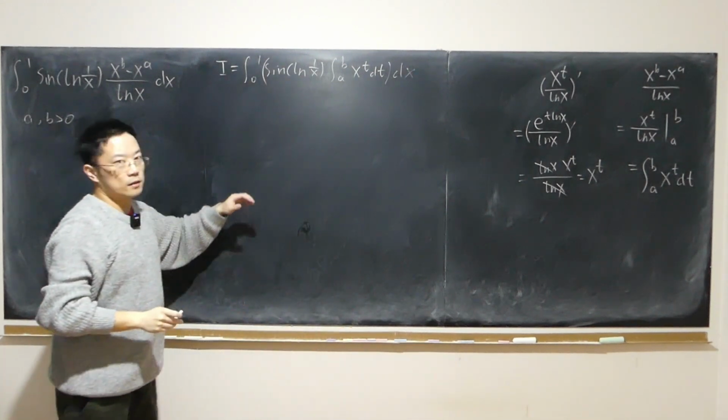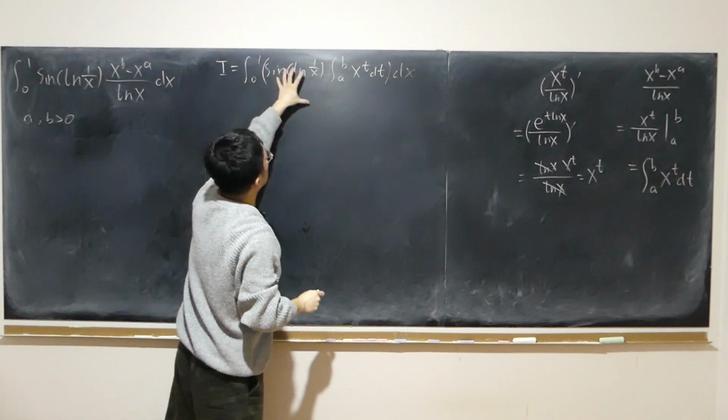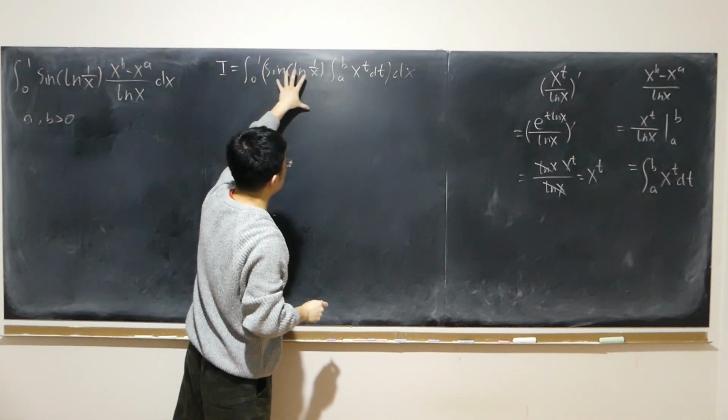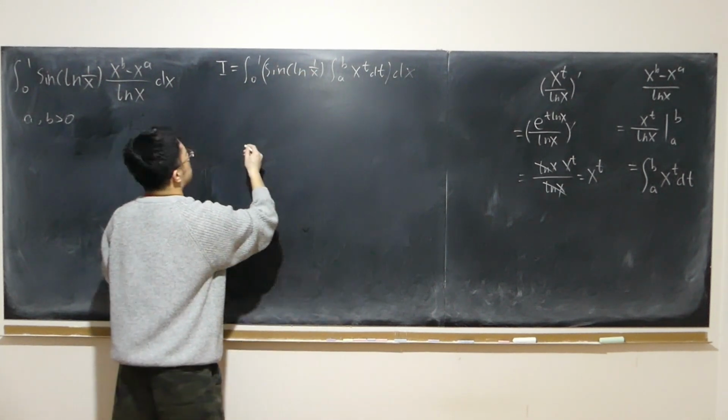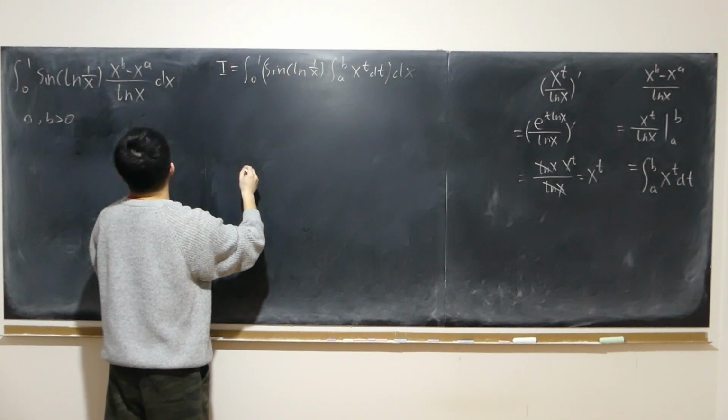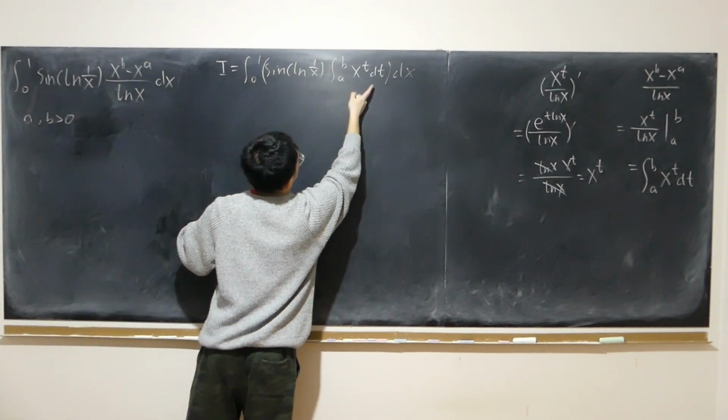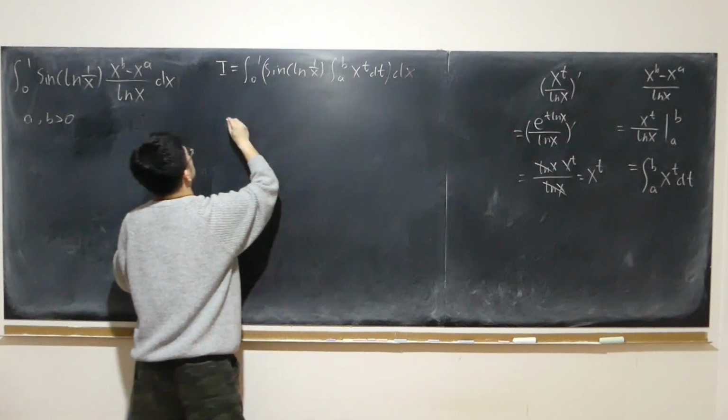So this is in fact a double integral. First, integrate with respect to t, then integrate with respect to x. And we know that a and b are both positive, so t also has to be positive.